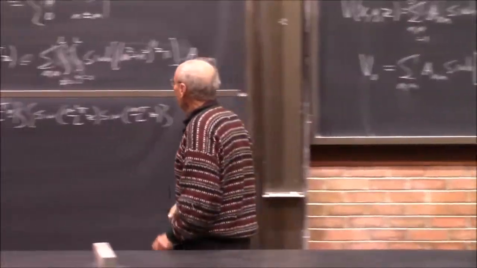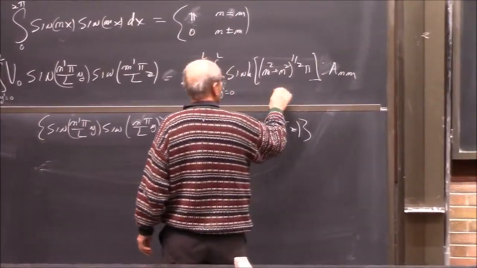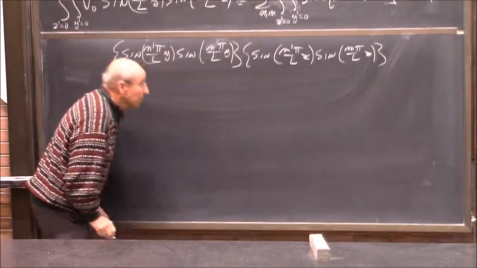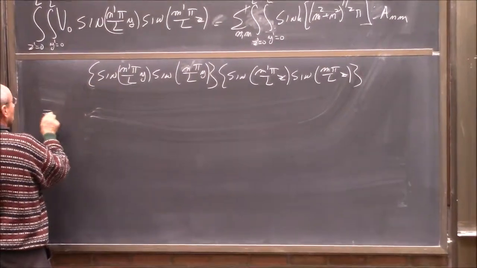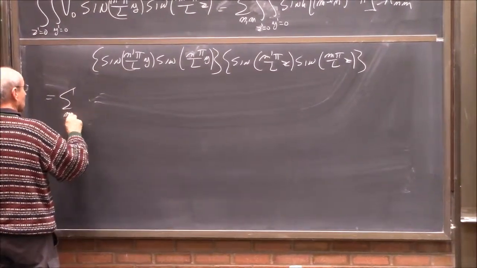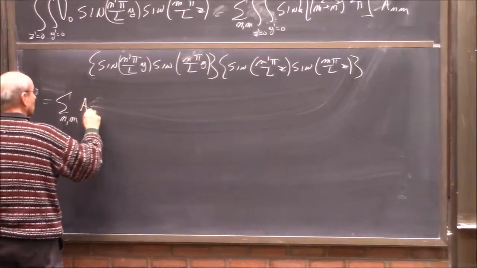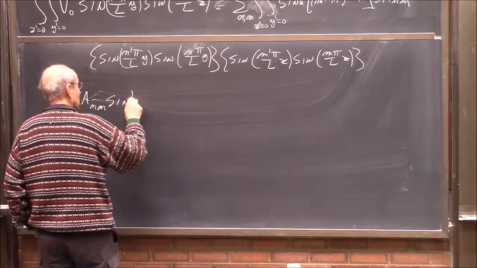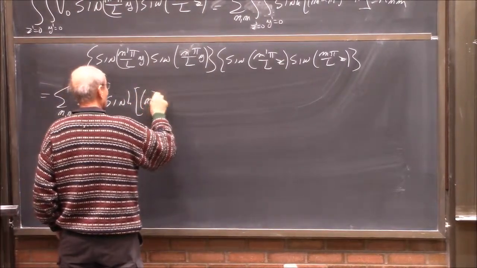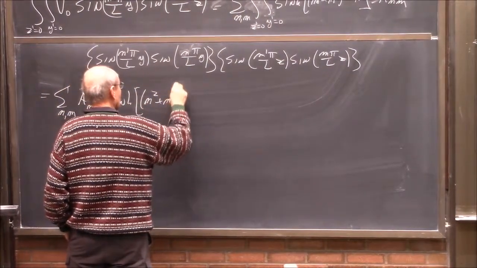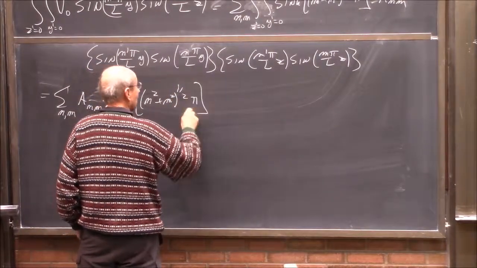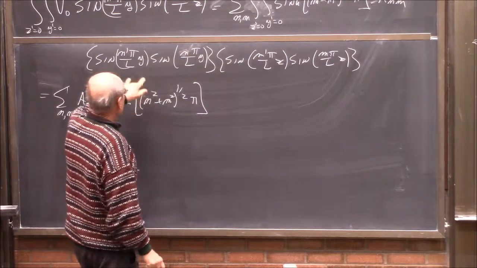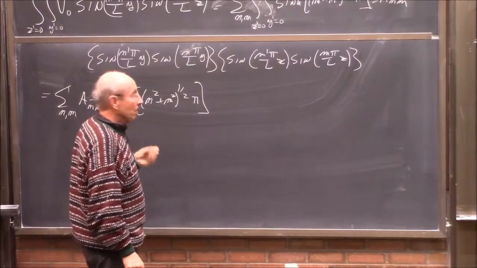Now let's perform the integral on y prime over here. So I have the sum over n, m of a n m sinh of (n squared plus m squared) to the 1/2 pi. Now, when I perform this integral, let's make a change of variables.